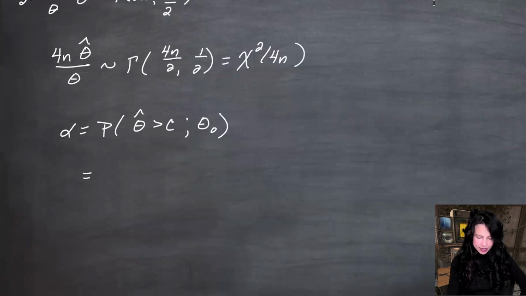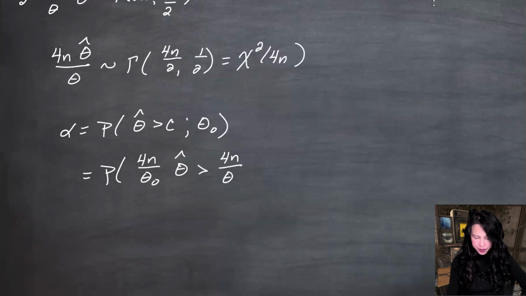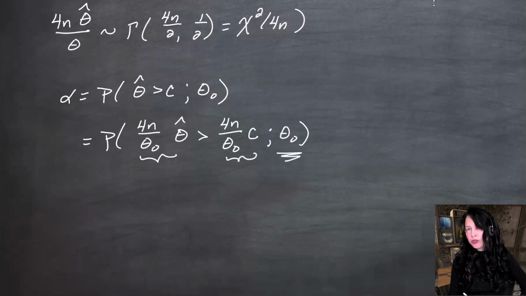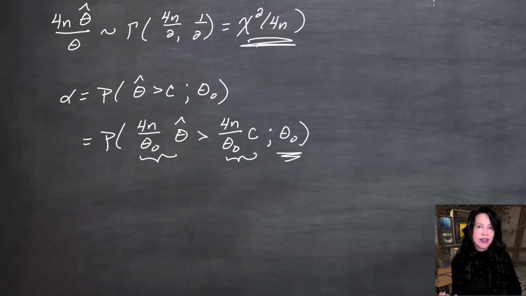So if I write 4n over theta naught times the MLE, do the same thing to both sides, and the parameter theta naught is, if you look at the parameter space for the gamma distribution, a positive parameter, so nothing's going to flip. Then we get this has a chi-squared distribution, and this is just some number. And this is now irrelevant to the probability we want to compute because that chi-squared distribution does not depend on the fact that theta is theta naught.